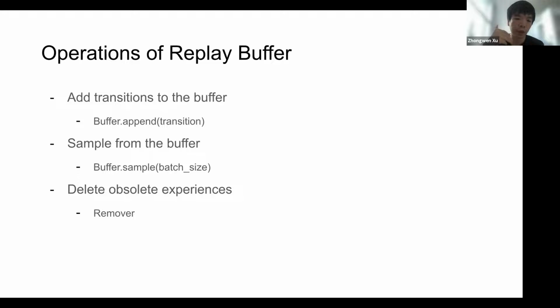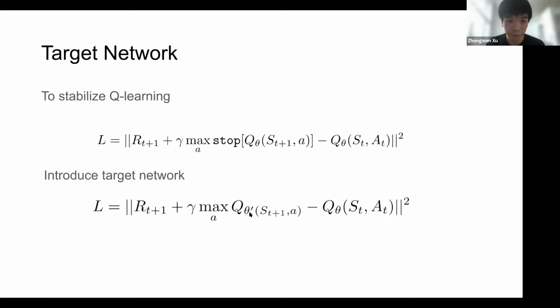And for the obsolete experiences, the agent does not need to learn from them, because you can imagine the agent becomes stronger and stronger, and the very beginning experience when the agent is random is not needed in the later stage of the training. So there's another operation to remove these obsolete experiences from the replay buffer.